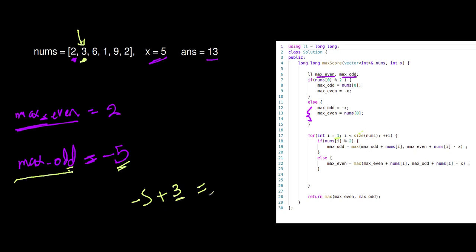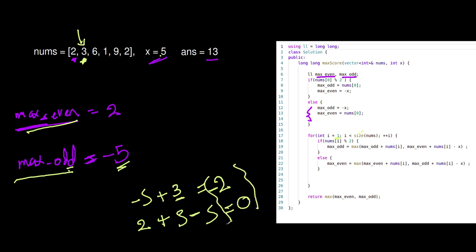In this case the value is minus 2. Or we can move from even to odd, 2 plus the current value 3 with the cost of x, which is 5. In this case the value is 0. The maximum of these two values is 0, so we update the max odd to be 0.